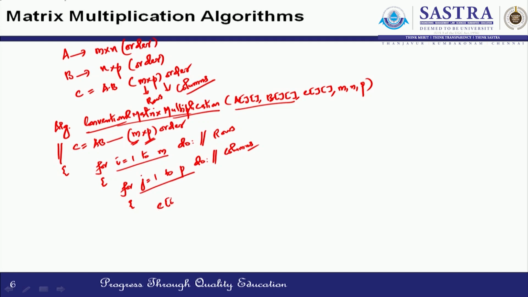Initializing the entry Cij to 0, because at each stage we need to consider the row and column. A row and column, the corresponding elements are multiplied and added. So write Cij is equal to 0 to find the product and sum.